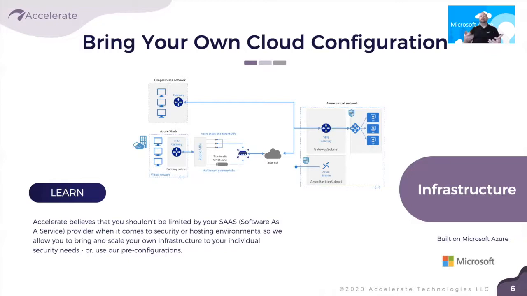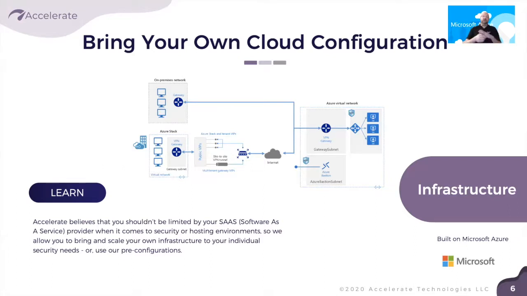Can it be accessible and secure within your own security protocols? Every business has a different level of maturity from a security protocol perspective and what they're looking to achieve. So for us right now, we have given you the ability to bring your own cloud configuration.